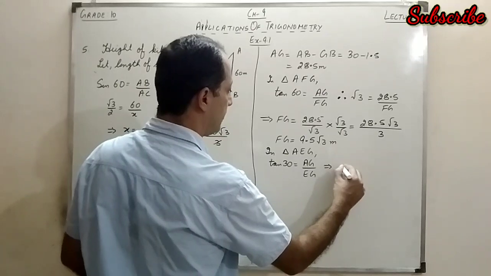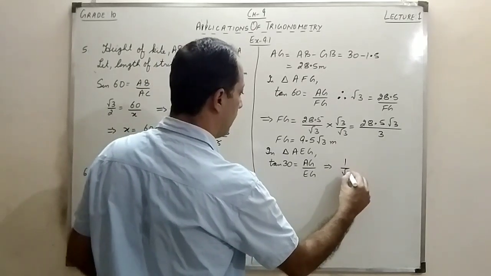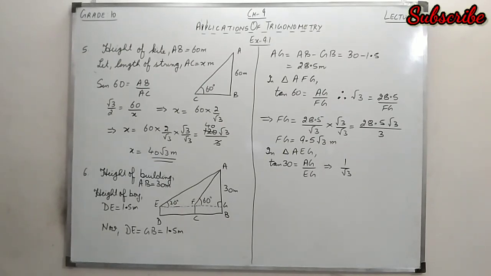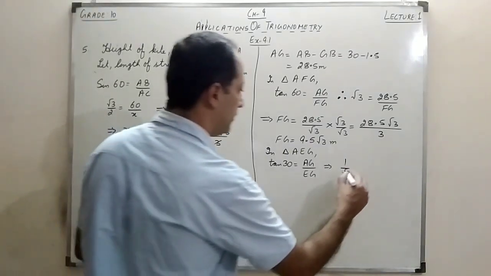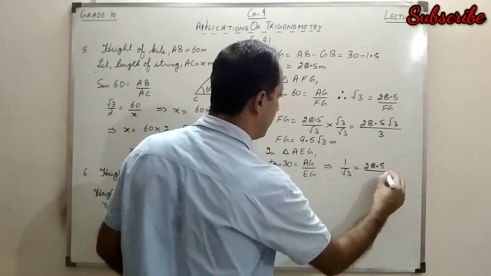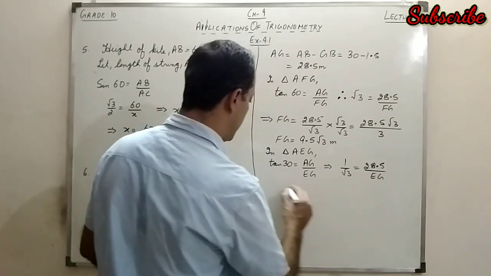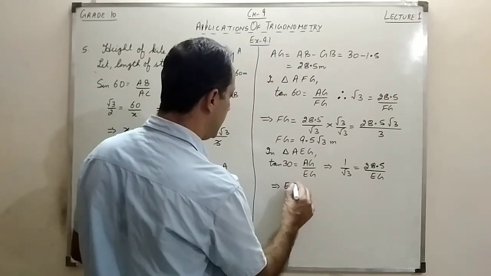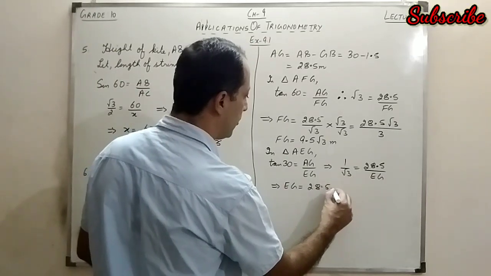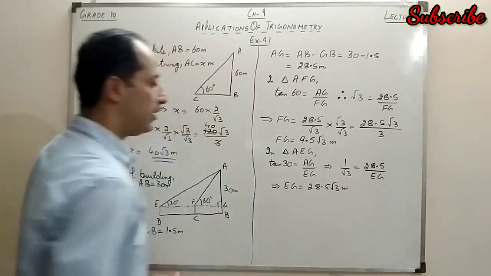The value of tan 30 is 1 by root 3, and AG is given as 28.5. So 1 by root 3 equals 28.5 upon EG. Cross multiplying, what do I get? EG equals 28.5 root 3 meters.